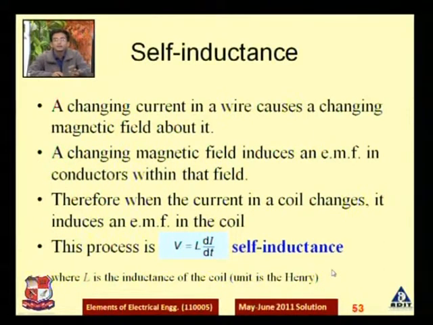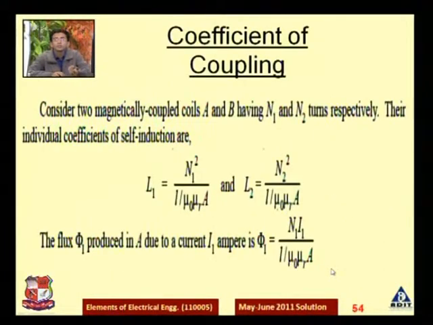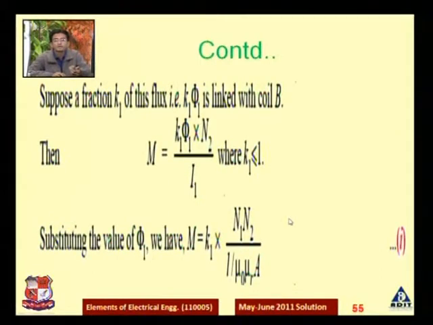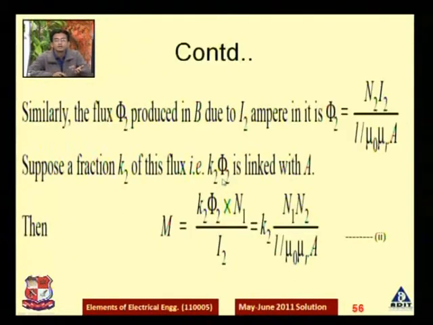Now let us see what the coupling coefficient, or the coefficient of coupling, is. In the data you are told that you have L1 and L2, right? So you can define L1 and L2 first and then write down the mutual inductance equation by assuming that a fraction K1 of the flux is linked with the other coil.